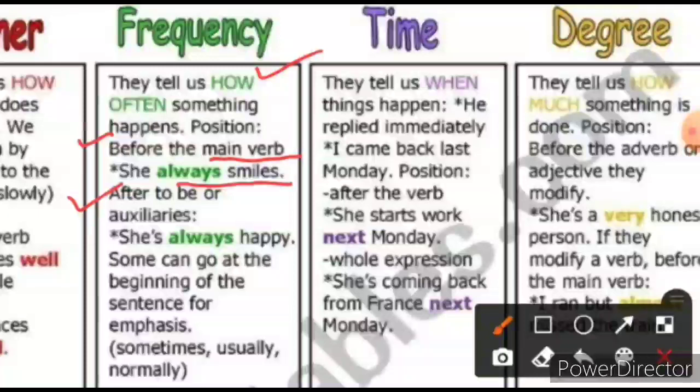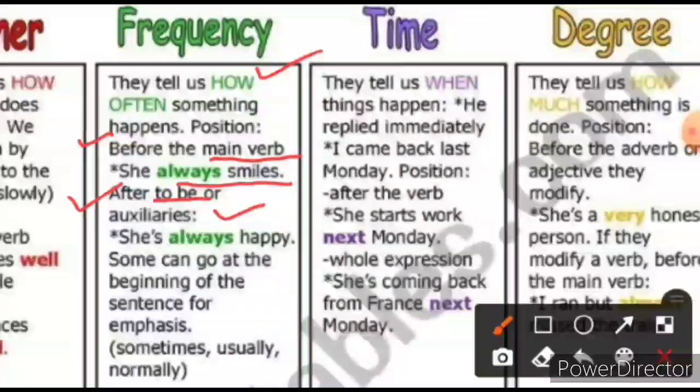To be is the father of the verb, and in this we have all the helping words, that is, am, are, was, were. Auxiliaries are also known as helping verbs. You use the adverb of frequency after them. Now there are two positions. The first position is that it comes before a main verb, and the second is that it comes after the auxiliary or helping words.